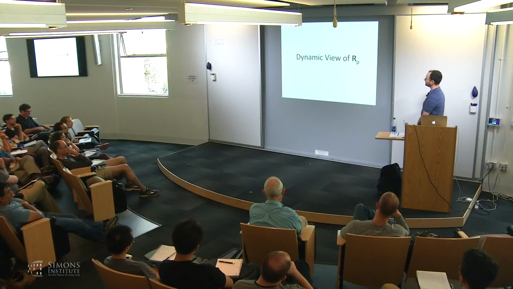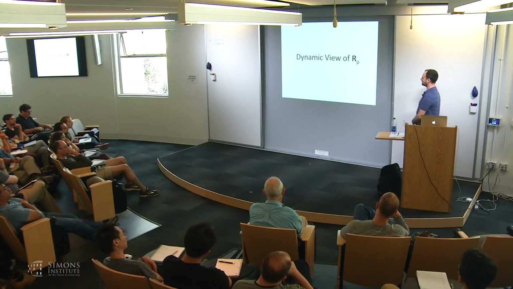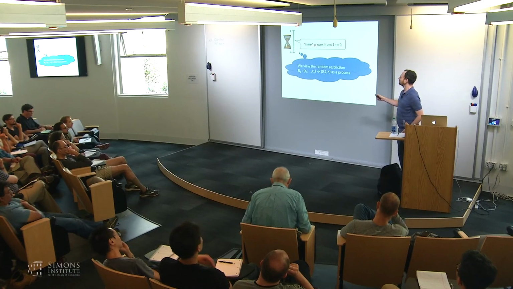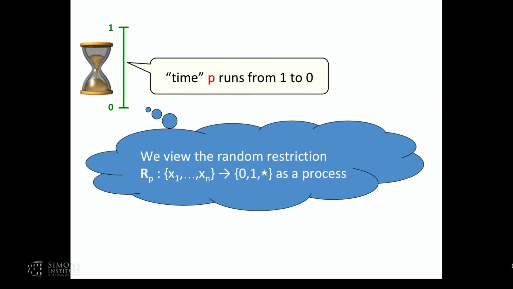So let's revisit this definition of the p random restriction, and let's view it as a random process. So I'll think of this parameter p as representing some countdown time. It will decrease from 1 to 0. And we're going to view the R_p random restriction as a process as p goes from 1 to 0.